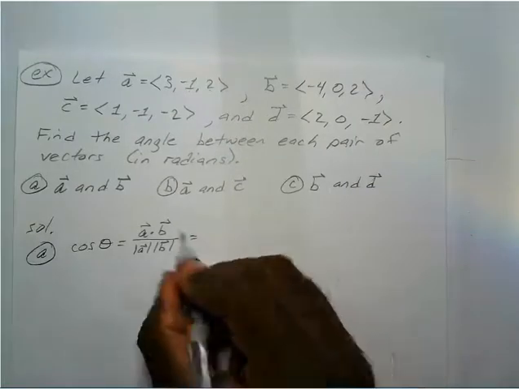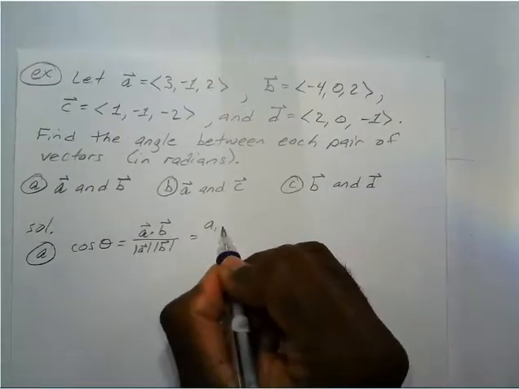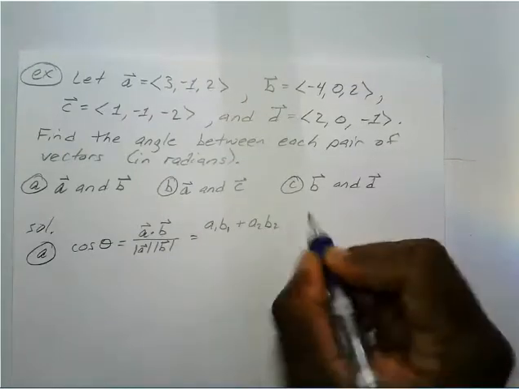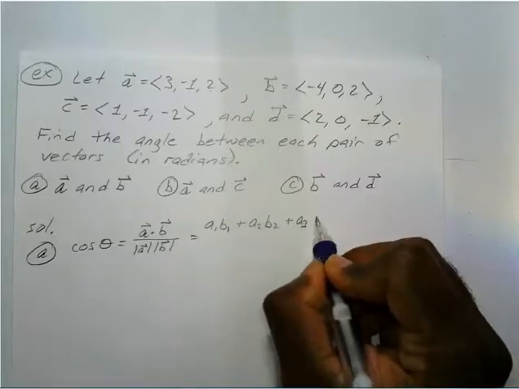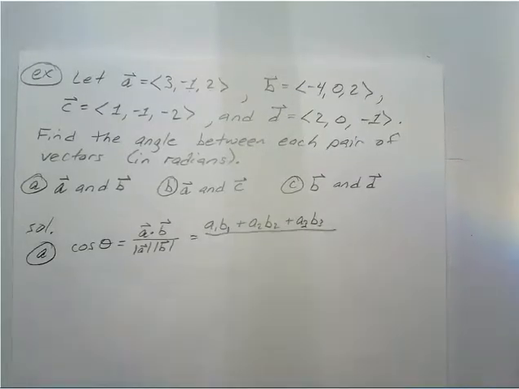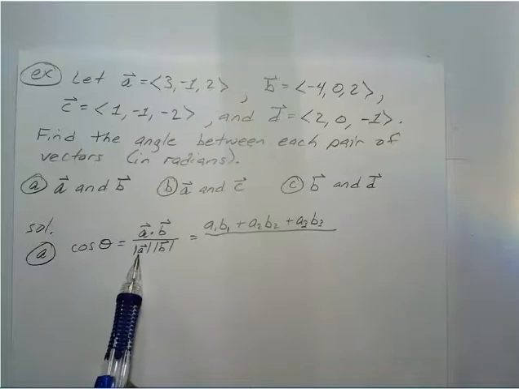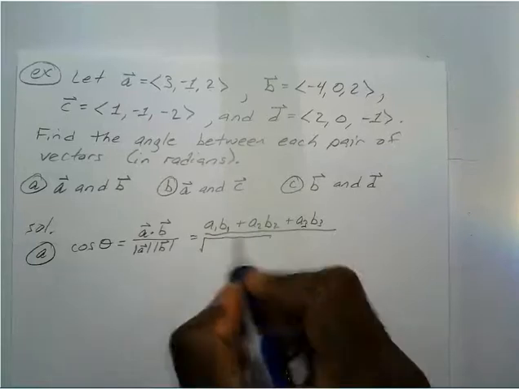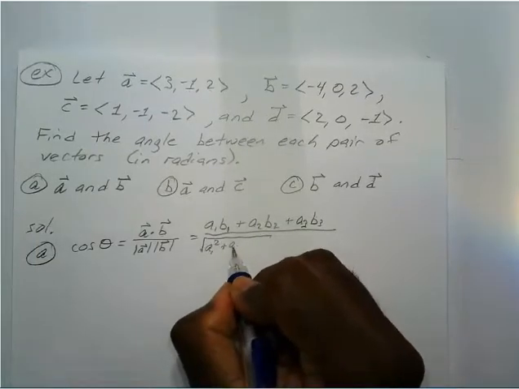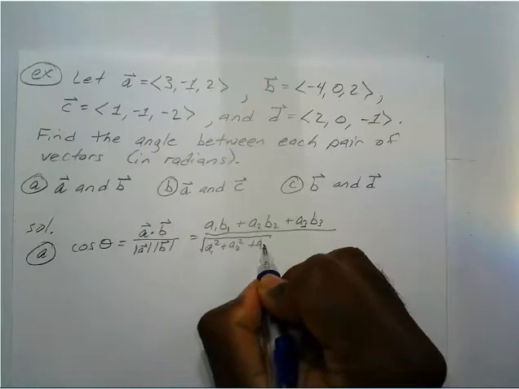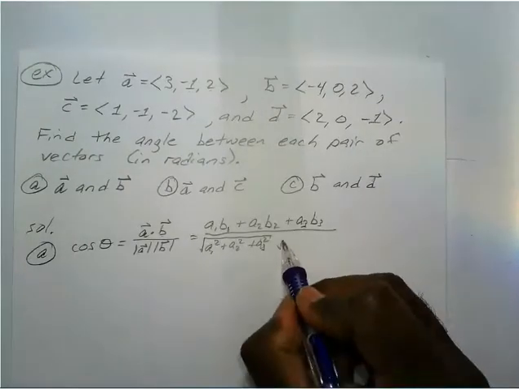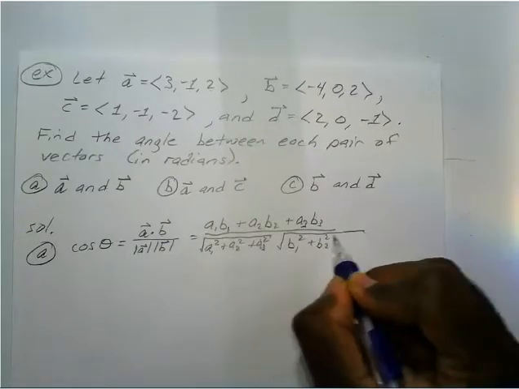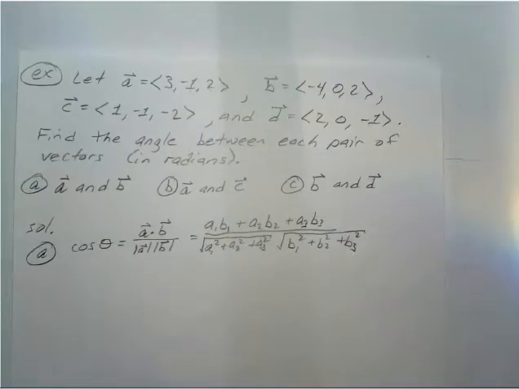So the dot product of A and B is the first component of A times the first component of B plus the second component of A times the second component of B plus the third component of A times the third component of B, divided by the magnitude of A vector. So that's the square root of the first component squared plus the second component squared plus the third component squared, times the magnitude of B, which is the square root of the first component of B squared plus the second component squared plus the third component squared.